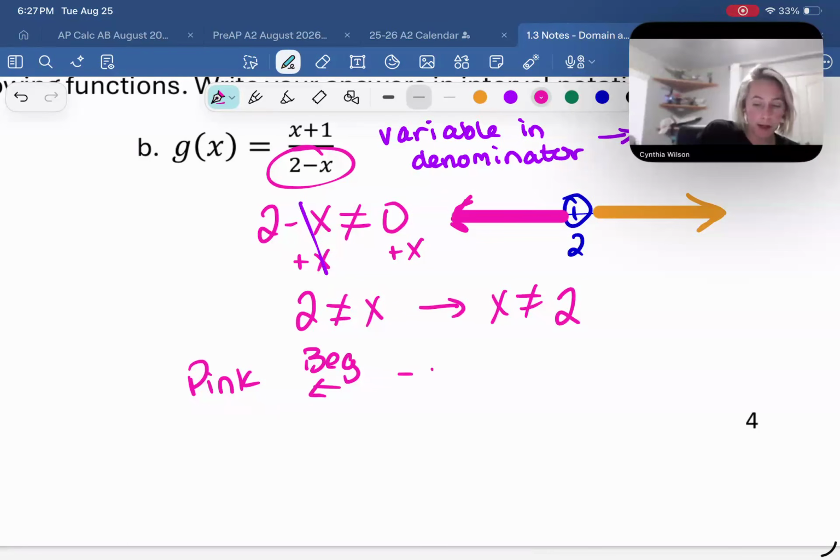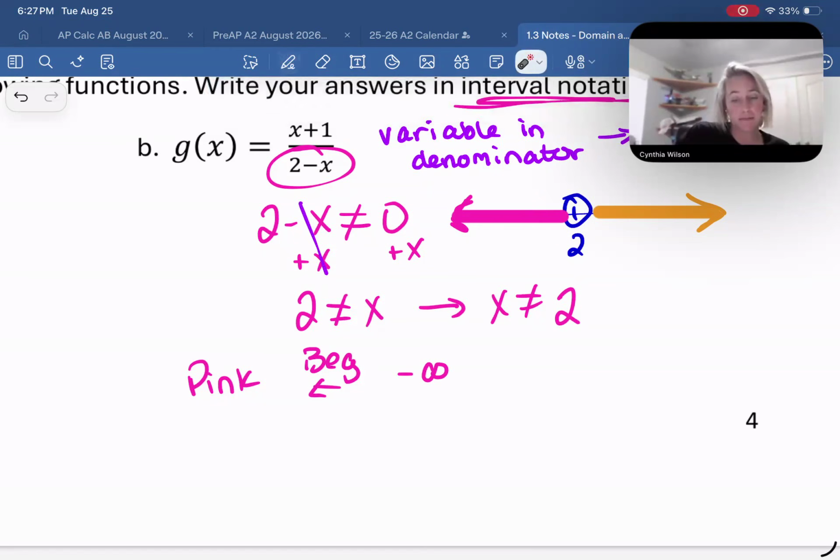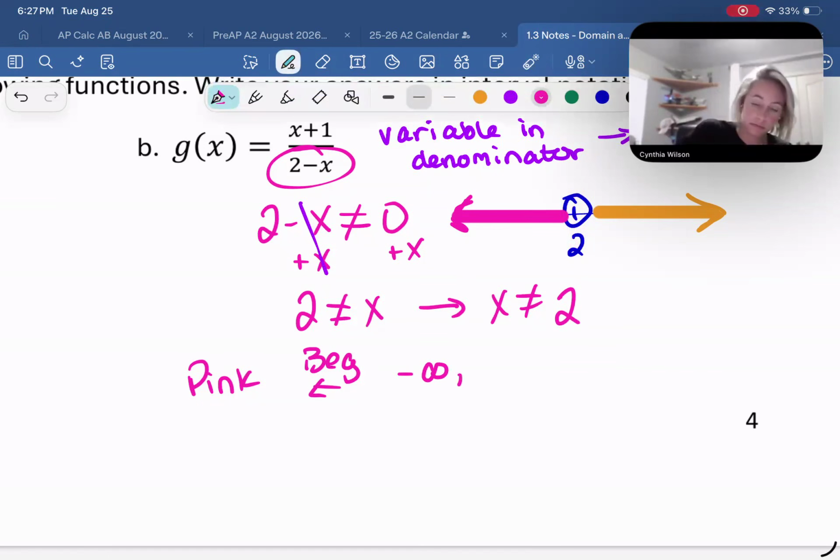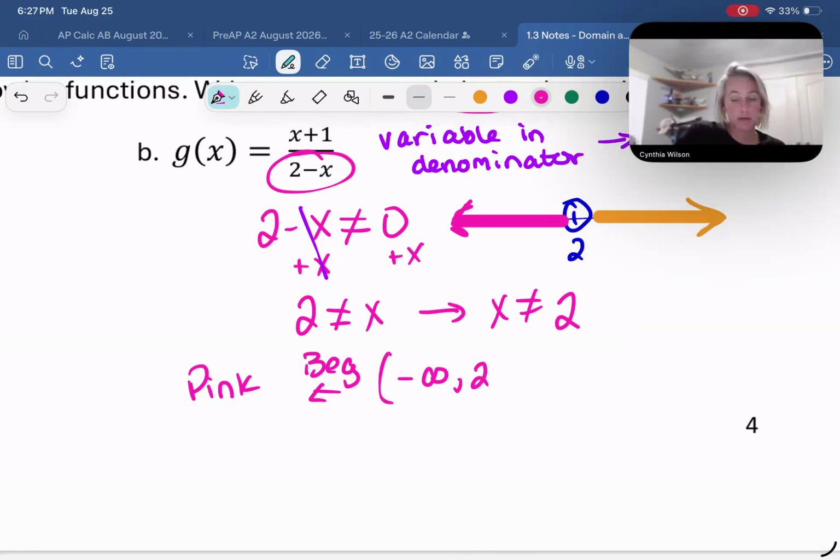That means I begin at negative infinity. The end of my pink interval was the 2. All infinity signs get parentheses, and 2 is open. You guys with me on the pink interval?